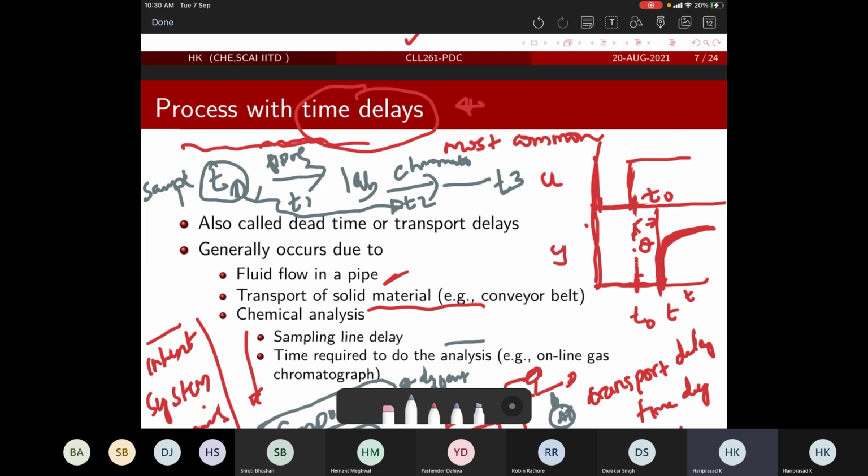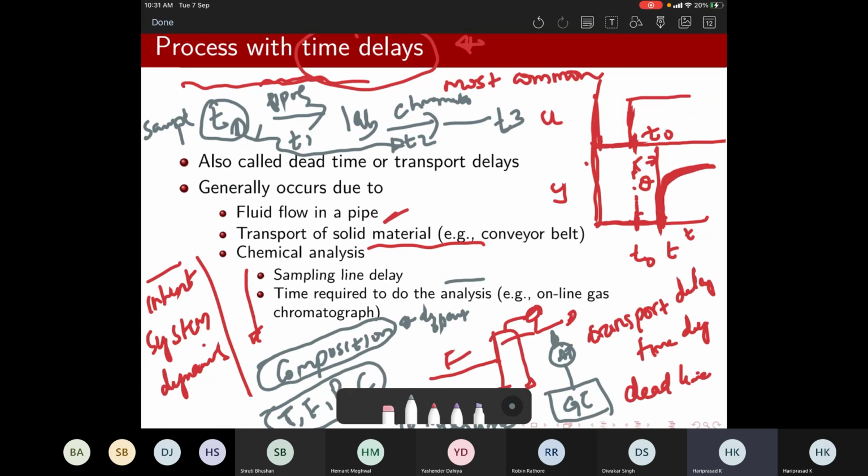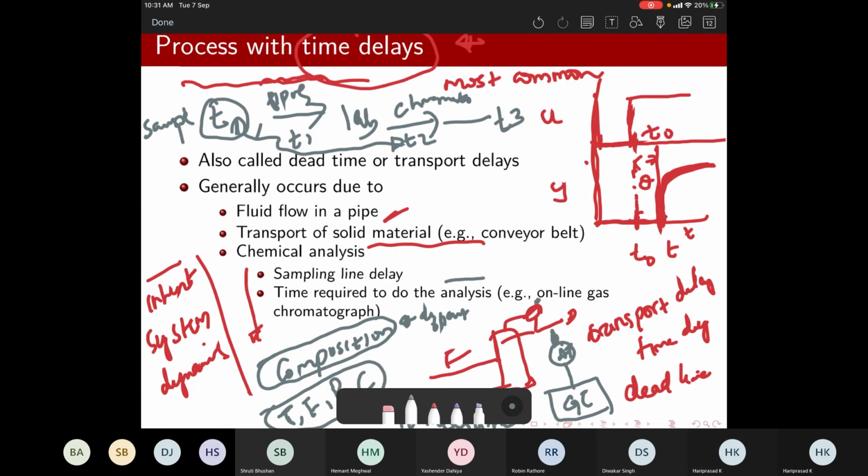You are taking the sample from somewhere in your distillation column, somewhere here, and your lab is, let's say, physically located somewhere here. So you have to take it via piping. Meanwhile, you don't know what has happened. And your result comes out at T3, maybe after 10 minutes, 15 minutes. So it's a big problem. So every time this would induce a time delay.